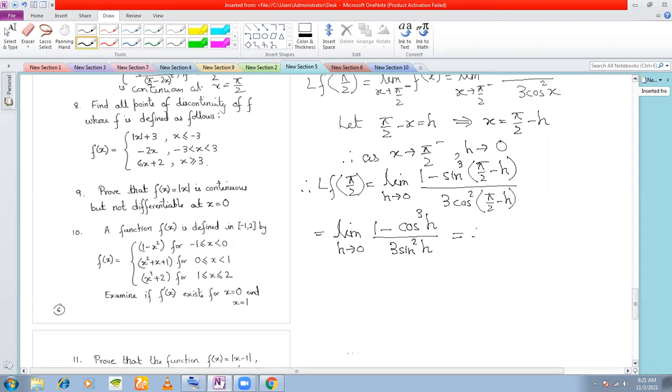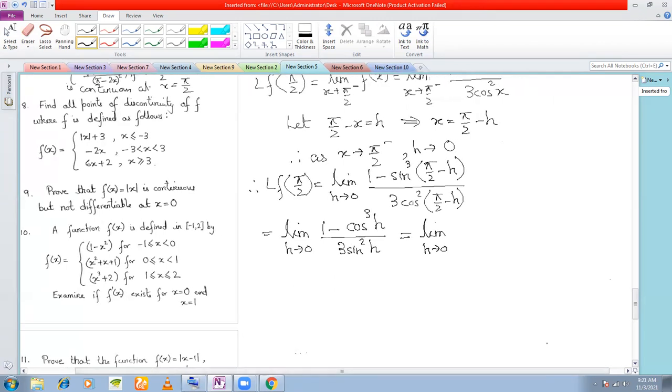Now what you do here is, in order to evaluate this limit, you can break up the numerator in terms of a cube minus b cube form. So a cube minus b cube is a minus b into a square plus b square plus ab. And the denominator, what you do here is, you write this as 1 minus cos square h.